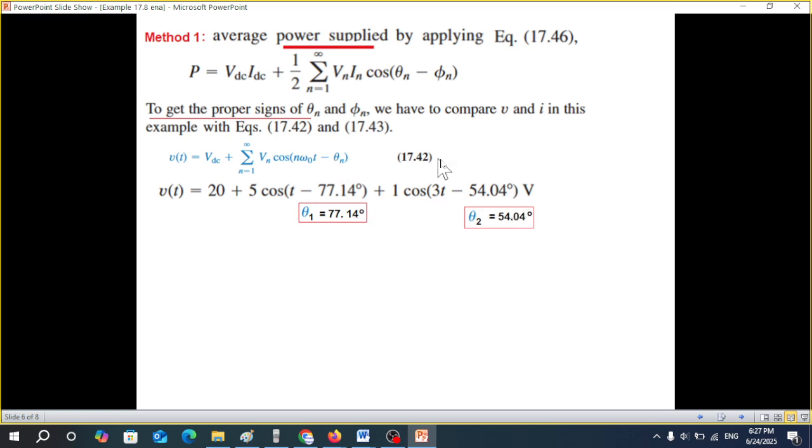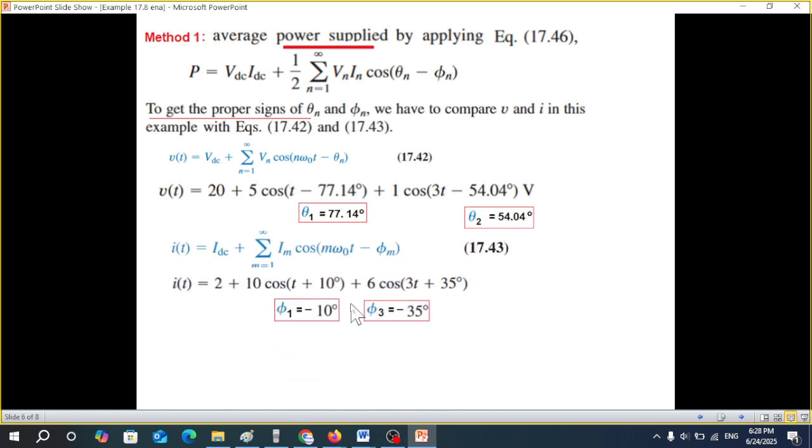Similarly, this one, when you compare with this, theta 3, actually not 2, theta 3 will be 54.04. And similarly, for the current, comparing with the current equation, here you can see phi is minus and this is plus, therefore we have to write phi 1 is equal to minus 10, and similarly phi 3 will be minus 35 from here.